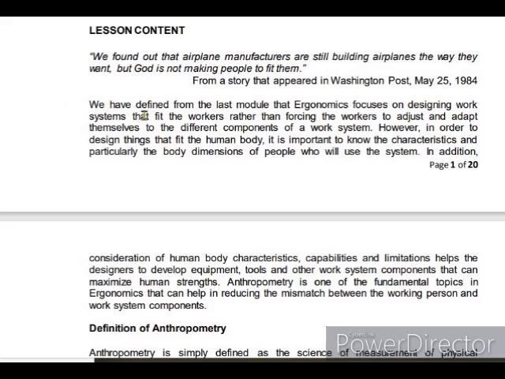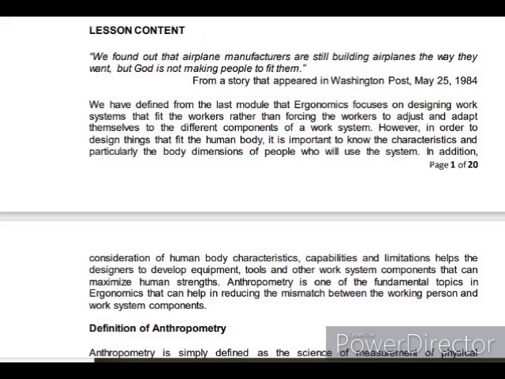So there is a statement here. We found out that airplane manufacturers are still building airplanes the way they want, but God is not making people to fit them. This statement is from a story that appeared in the Washington Post, May 25, 1984.